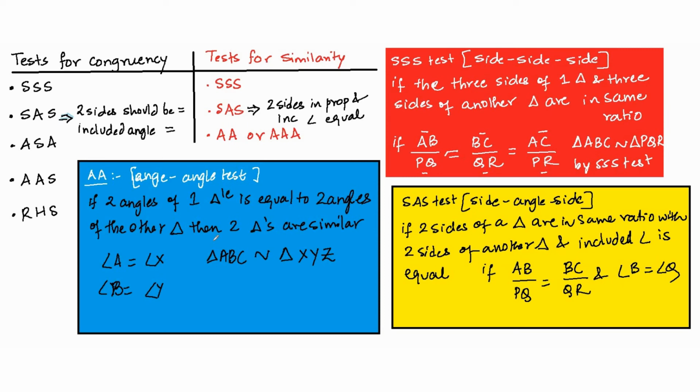So we will take up some questions now where you will notice the AA test being used, and it is a very common sight to use the AA test because of some peculiar problems. Okay, so let's now start with some problems on similarity.